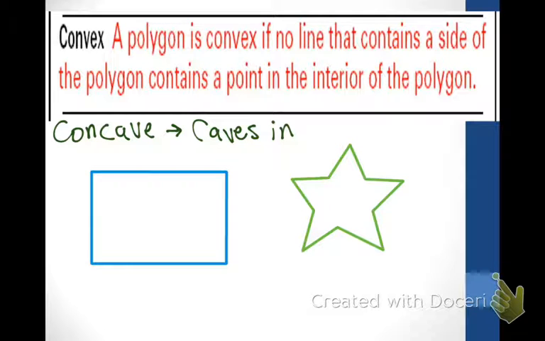Whenever you build a fort, it's not Fort Knox. It's not made of wood. It's probably made of your blankets, right? So at some point they cave in, right? They come in towards you, the ground or whatever. So whenever you think of concave, you want to think of those blankets caving in on you.